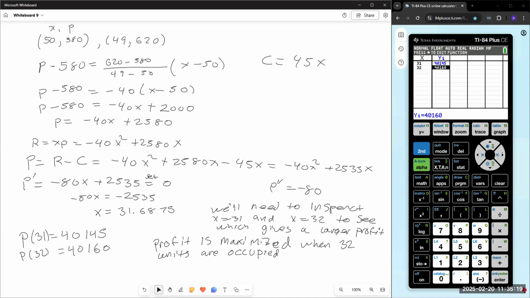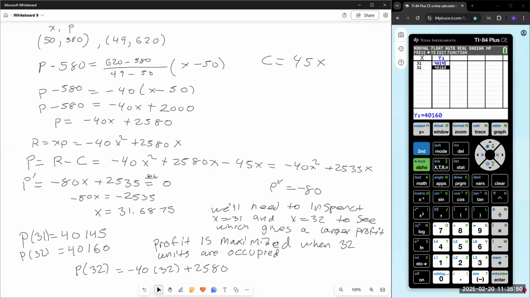So now the question was, what rent should be charged to obtain a maximum profit? So now we need to go back to our price function, P. What should we set it at to get these 32 units occupied? So P of 32 is going to be negative 40 times 32 plus 2580.